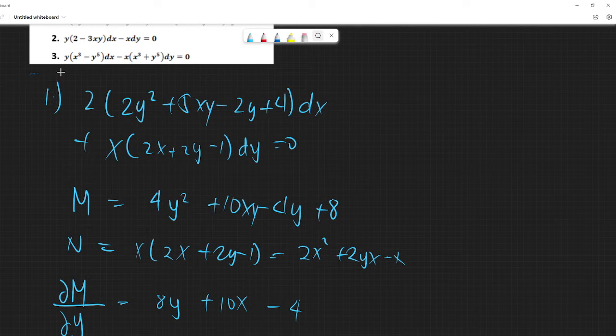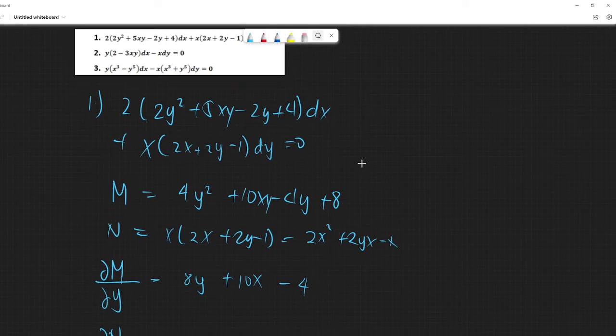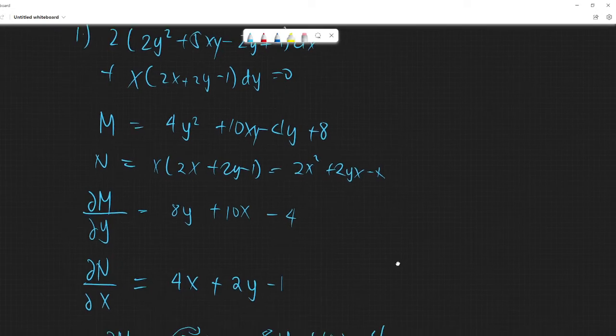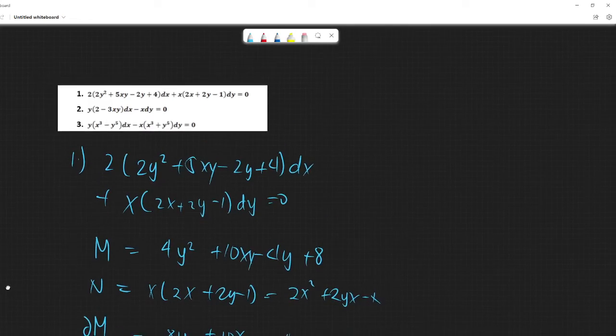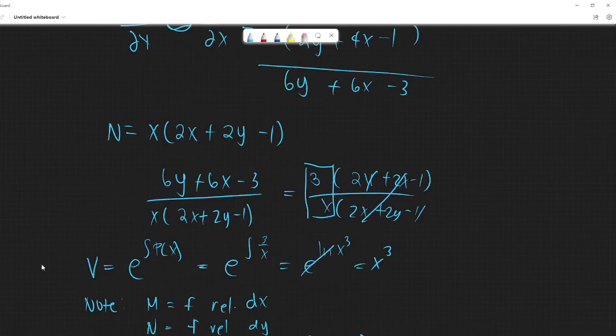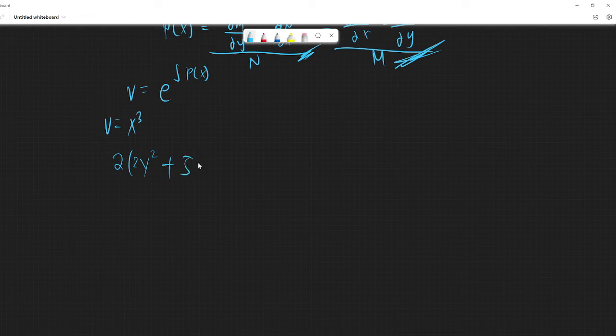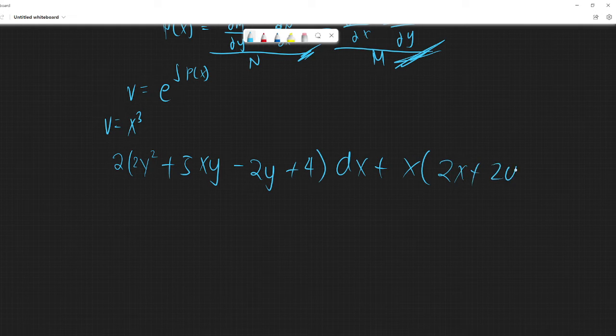You cannot copy the equation, so we will write it: (2y squared plus 5xy minus 2y plus 4) dx plus x(2x plus 2y minus 1) dy equals 0.